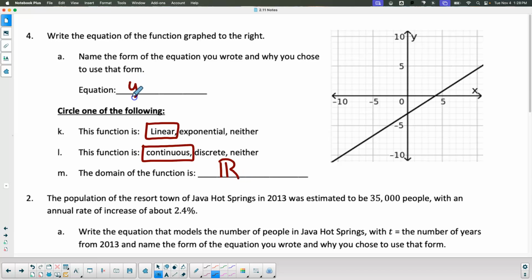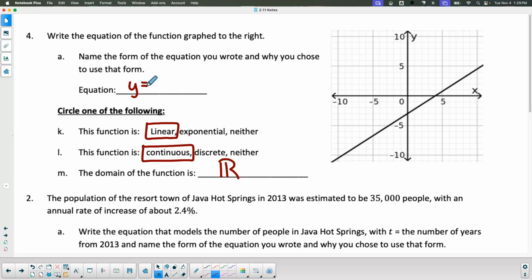Y equals, I heard. Do we agree with negative 3x? It's going up to the right, so that means it's got to be positive. But that's b. Y-intercept is the b in mx plus b.